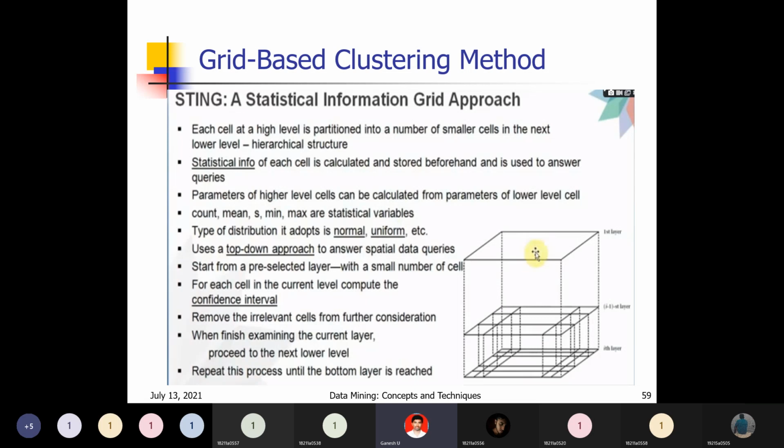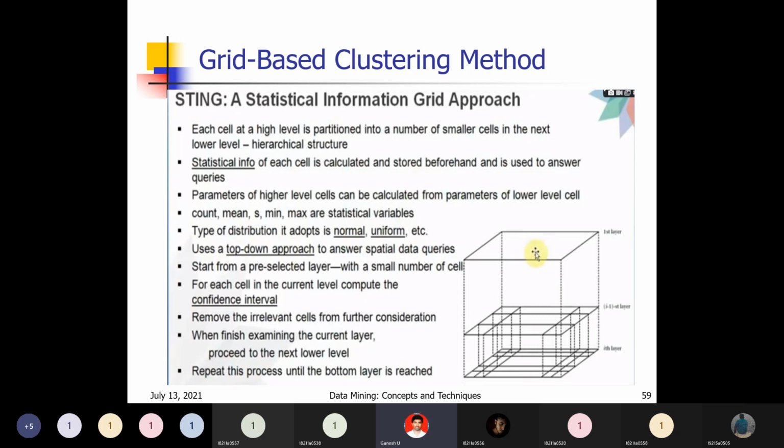At each and every cell, we are storing statistical information. That is the major advantage of this STING method. Why? Because if you apply a query, it can extract the data from that particular cell, take the data, calculate the higher level data, and give the answer for the query.